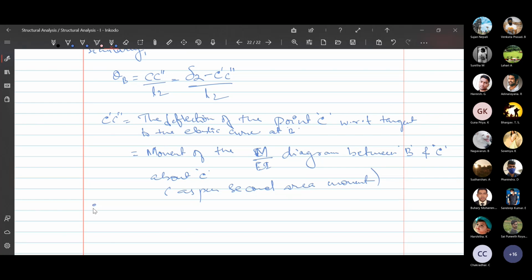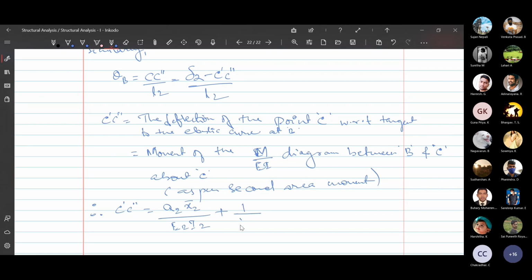Okay, so I can write C dash C double dash as A2 x2 bar by E2 I2, just the same procedure.